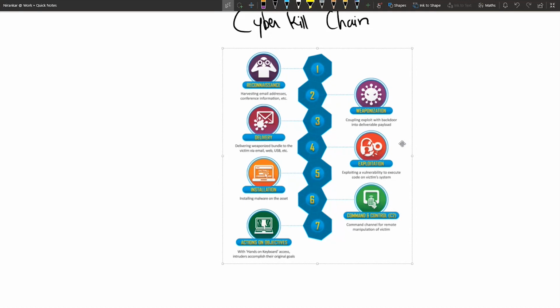Here we create a command and control channel to communicate and pass the data back and forth. Then actions on objective, so we'll achieve our goal after hacking a system. It can be anything. Let's say if I'm going to hack a person that is working in the bank, my goal is to steal the credentials of the admin logins of the bank or the user logins.